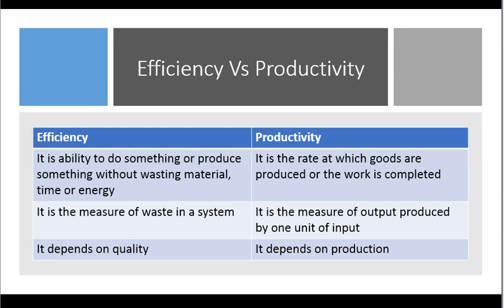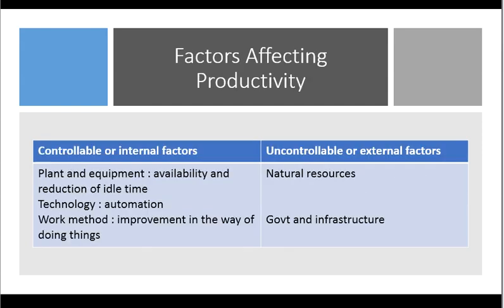Productivity we already know. Now, factors affecting productivity. There are many factors affecting productivity, and we categorize them into two parts: one is the controllable or internal factors, and the other is the uncontrollable or external factors. Let me discuss the controllable factors: plant and equipment availability and reduction of idle time.